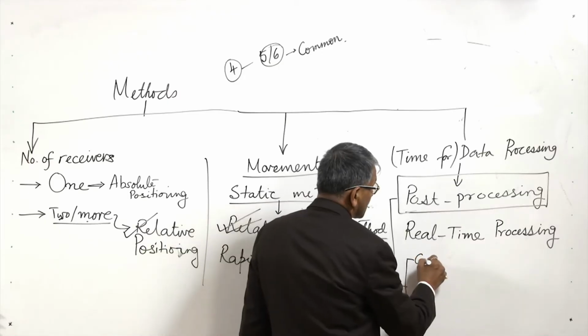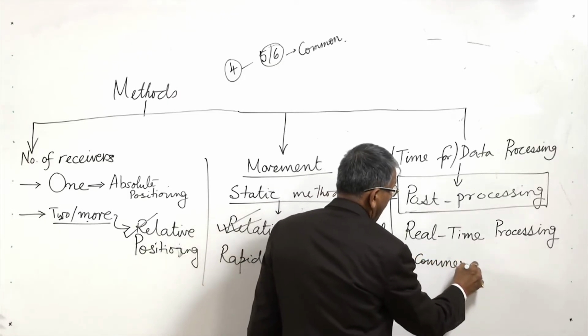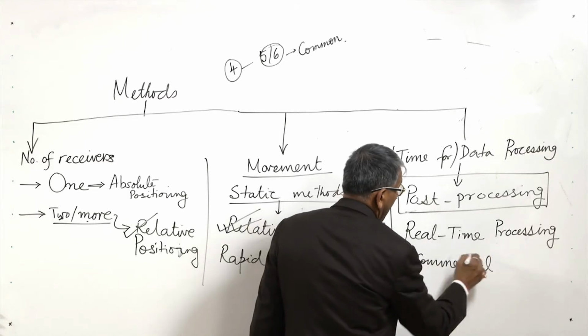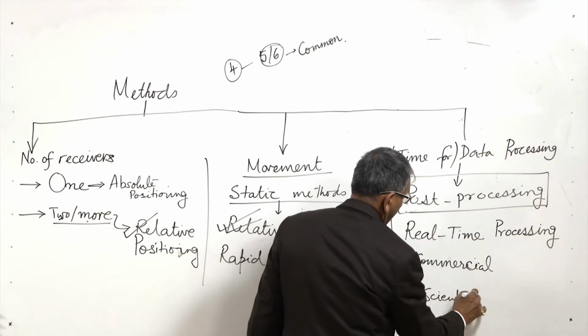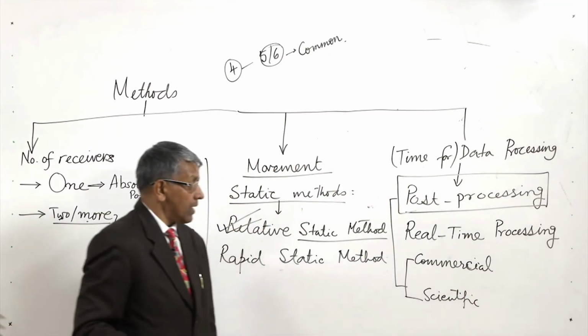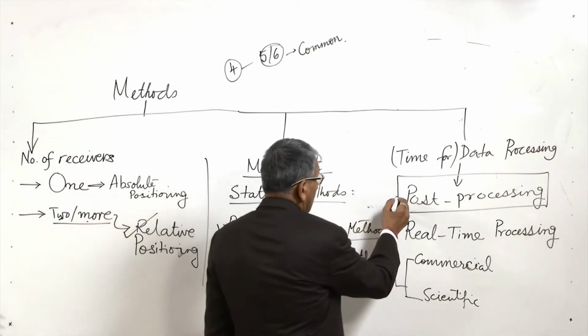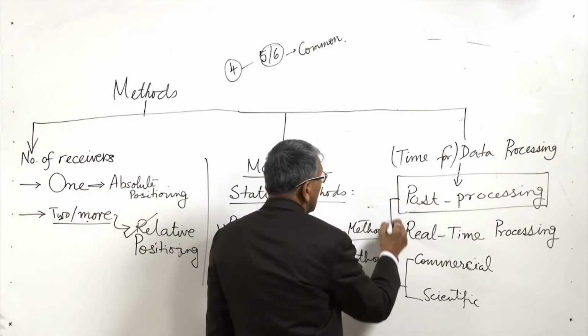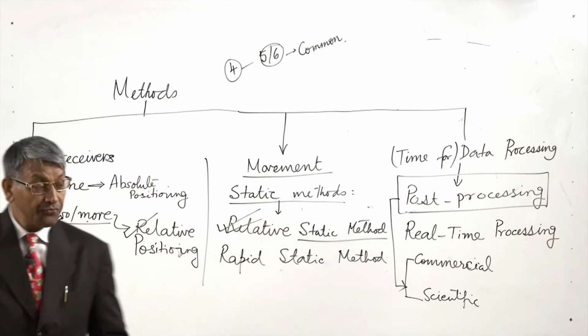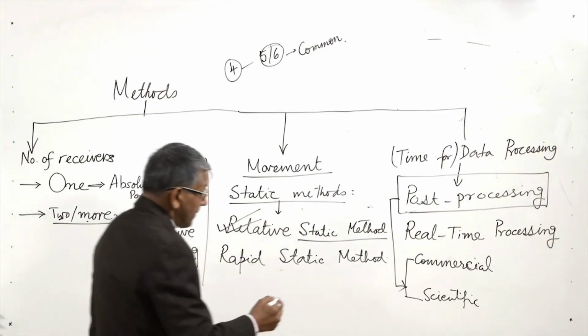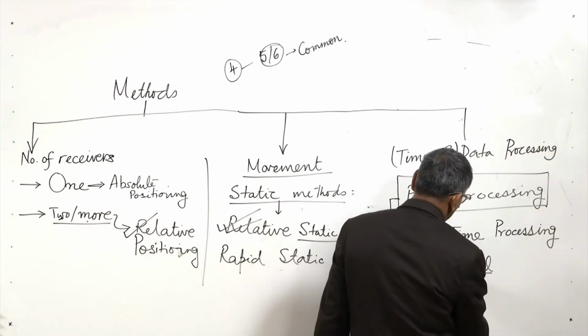One is called commercial software, another is called scientific software. So for post processing, data will be transferred to either commercial or scientific software, and then the data will be processed.